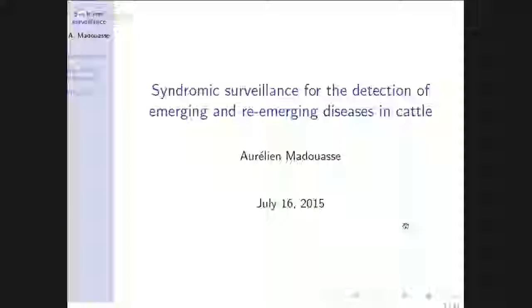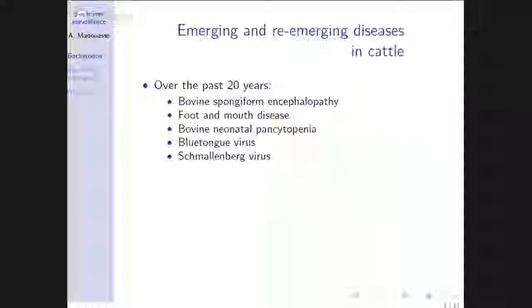So I'm going to talk to you about syndromic surveillance for the detection of emerging and re-emerging disease in cattle. And I'll try to make the connection with GMP.